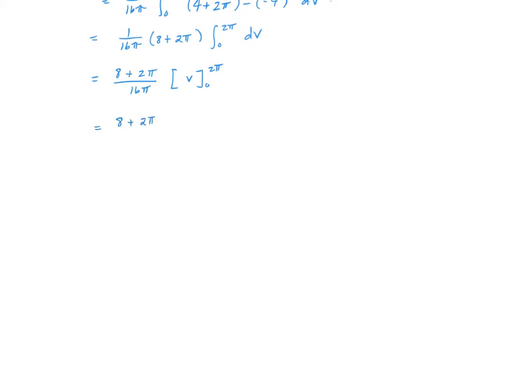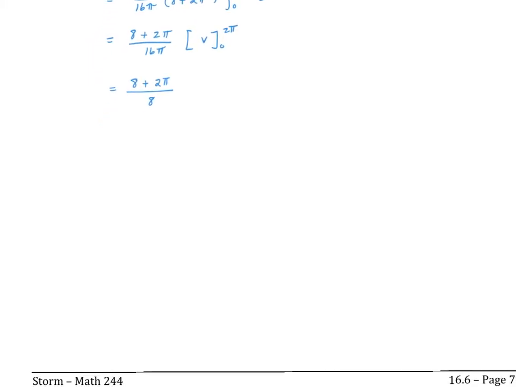But then the pi's cancel, and this should be over 8. That should reduce to 4 plus pi over 4. Now remember, this is supposed to be the average temperature, and it was in degrees, so I have to add the degree symbol for my final answer.